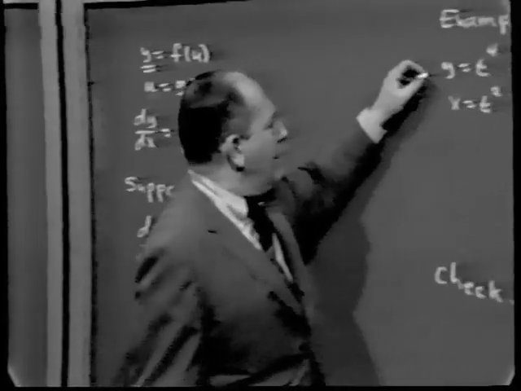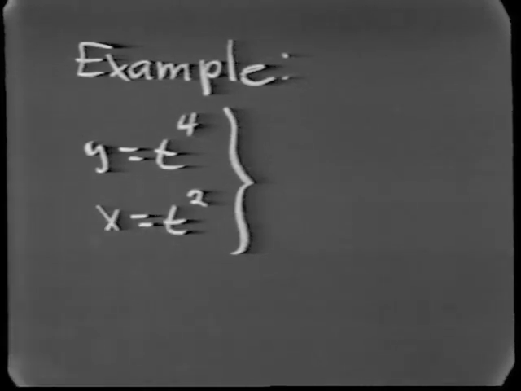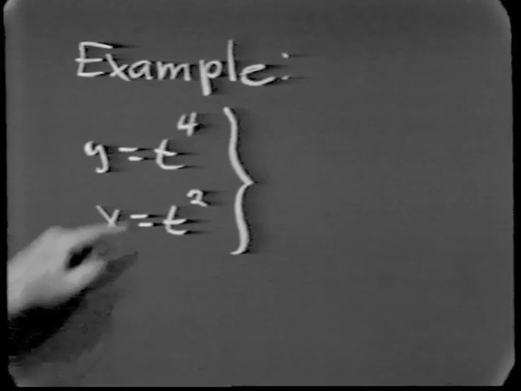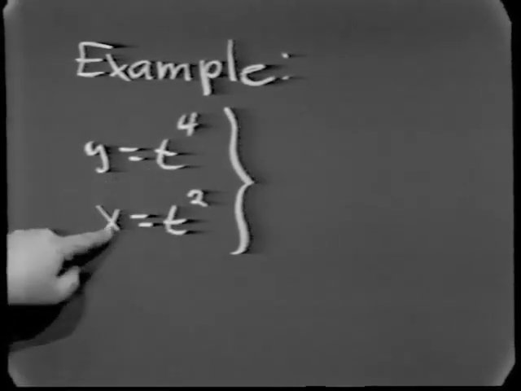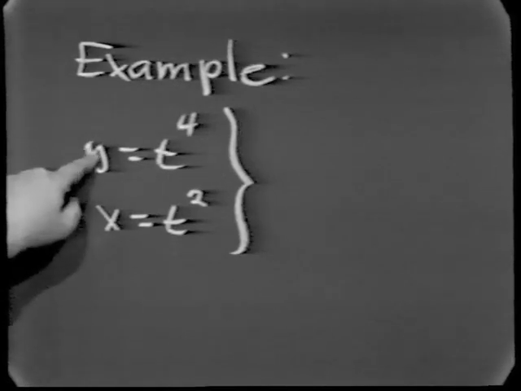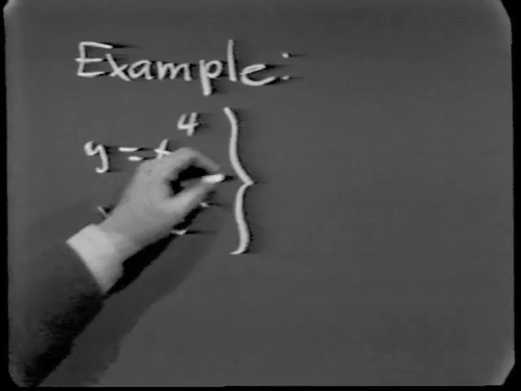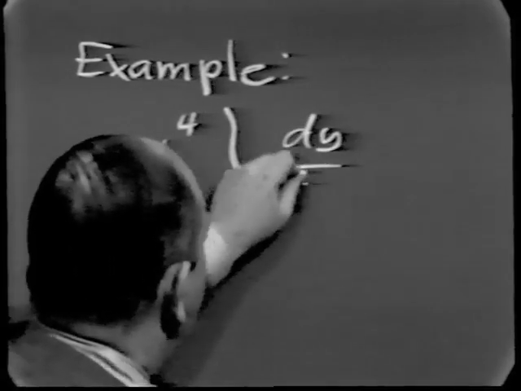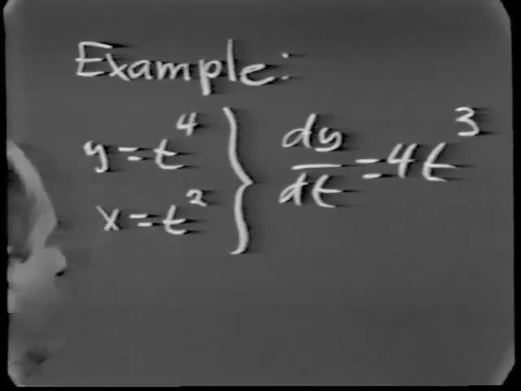Let's suppose that we're given that y is equal to t to the 4th power and x is equal to t squared. What we would like to do, and by the way, notice what this thing says. A given value of t determines both an x and a y, so that makes x and y functionally related. Notice that from the first equation, we can find that dy/dt is 4t cubed.